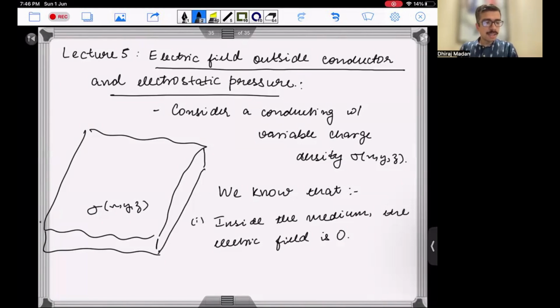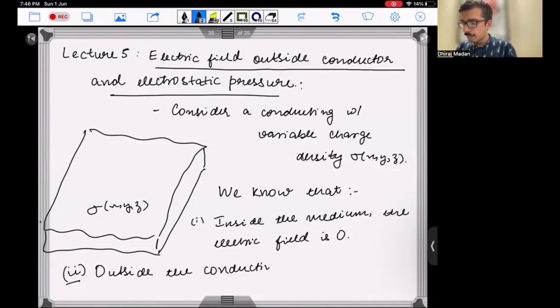Secondly, outside the medium, the field is perpendicular to the surface.